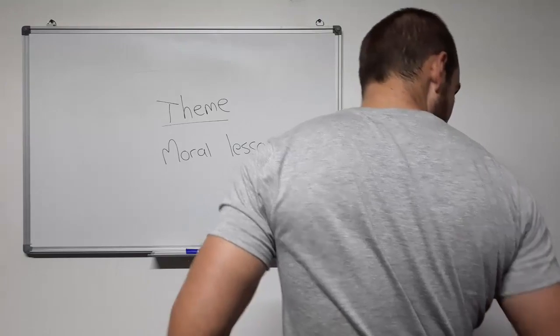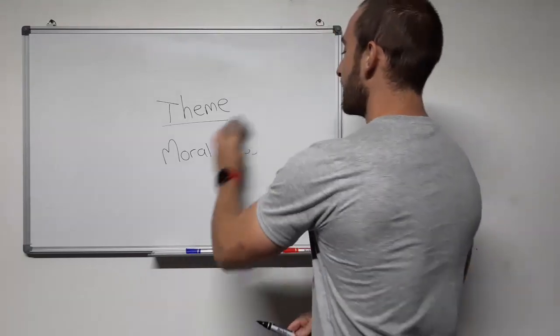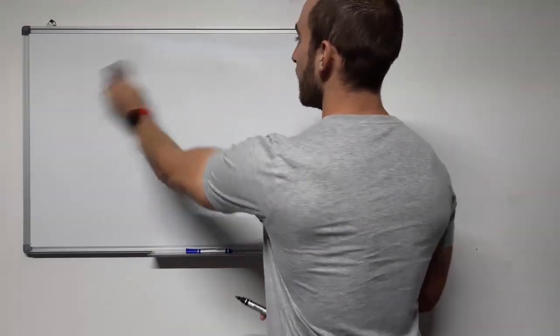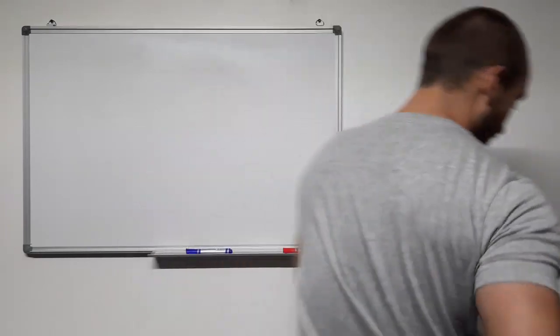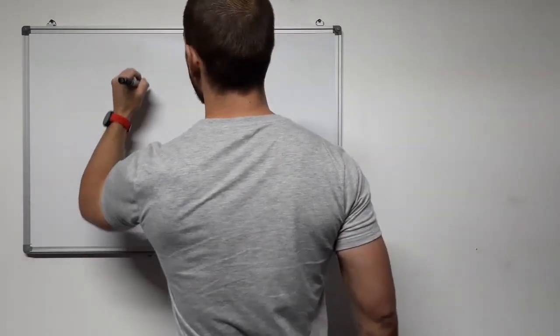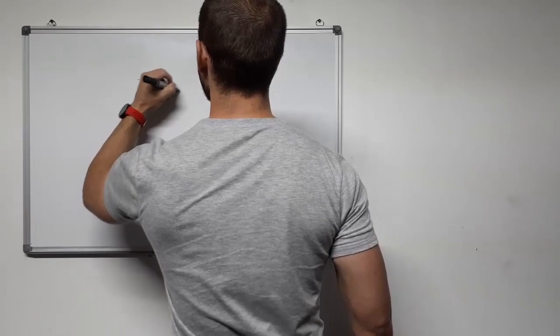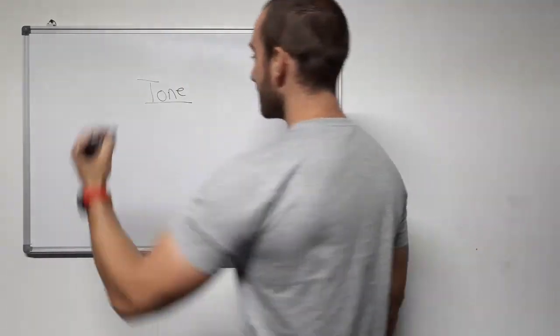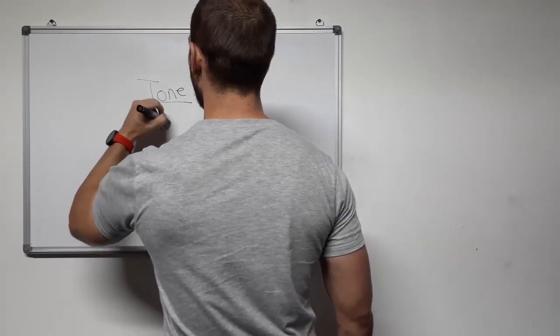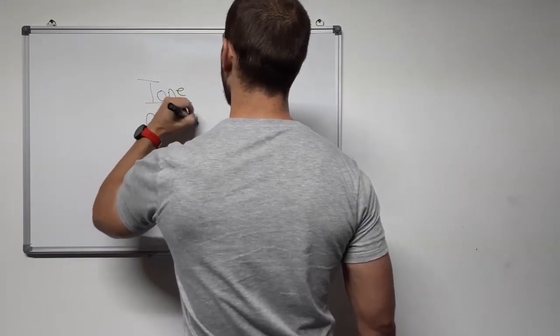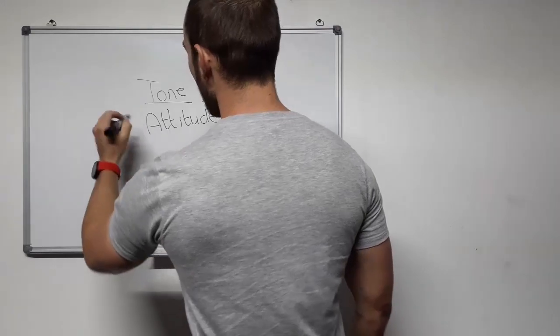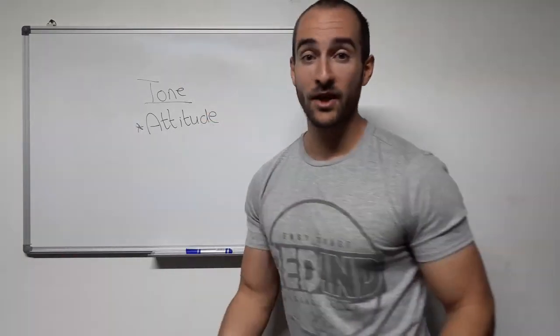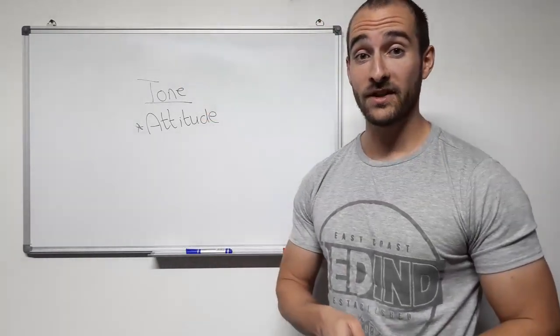Now, the last thing we'll be talking about is the tone of this novel. So from the previous lesson, you might remember, I told you tone is a type of attitude that the author has. So you might be wondering, what attitude can you find in this novel when you read it?